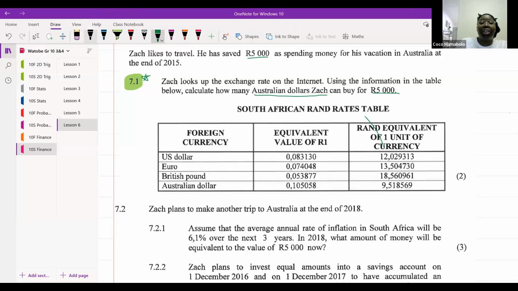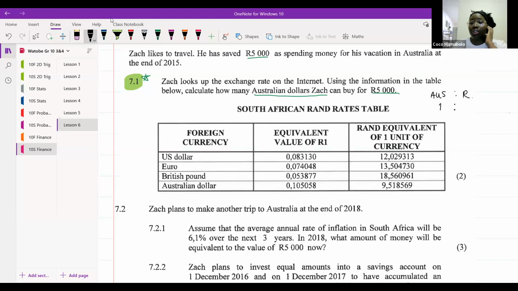Okay, so remember, we need to set up a ratio of Australian dollars to South African rands, right? So we know we're going to have Australian dollars, something. So for every 1 Australian dollar, how many South African rands do I have, guys?